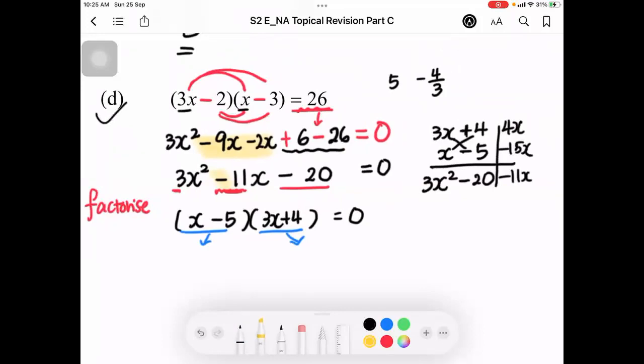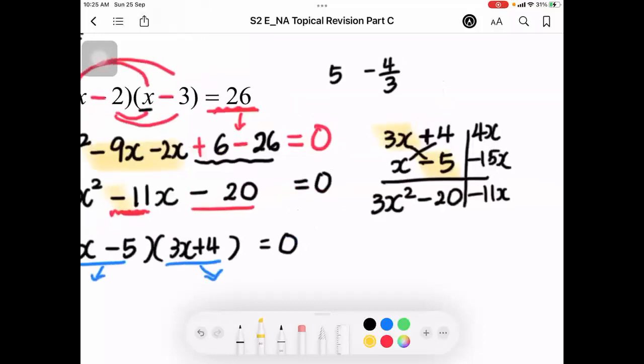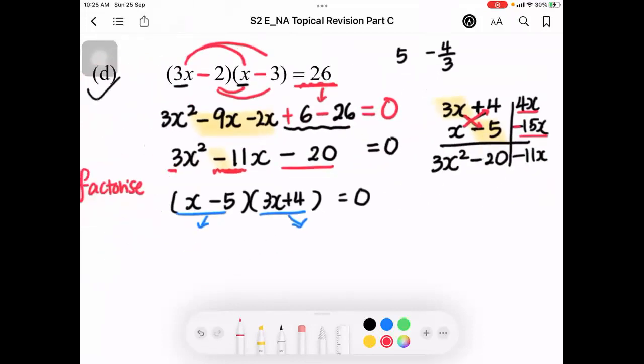You see, this is 3 times x times 5. When you do this working here, you need to cross multiply. You see, I cross down here. So it's 3 times negative 5 to give you negative 15 over here. Then x times 4 crossover to give you 4. If you cannot do this working, never mind. You use the calculator and write the answer over here. So it can be done.